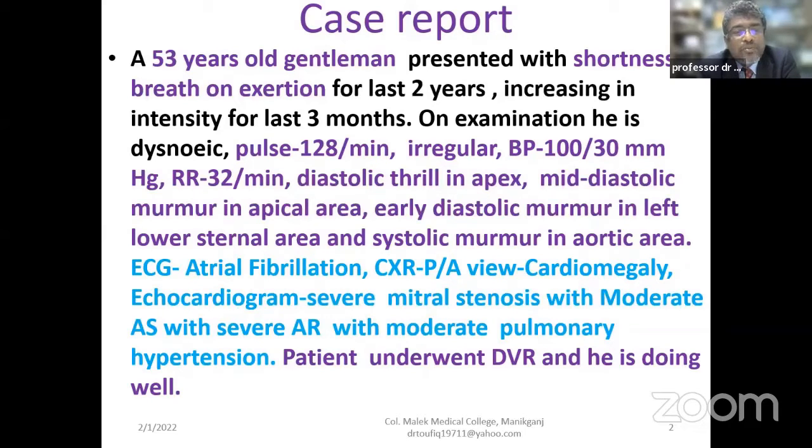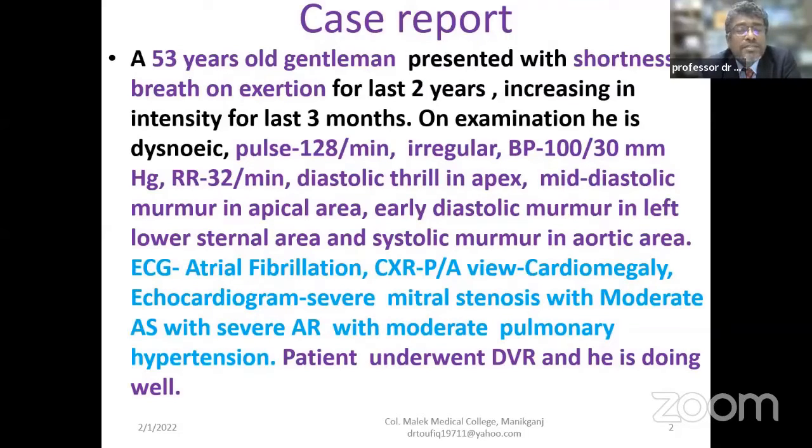There are a lot of murmurs found in the precordium. Number one, there is a mid diastolic murmur in the apical area, which may indicate the patient has mitral stenosis. There is an early diastolic murmur in the left lower sternal area, and we all know that an early diastolic murmur is a feature of aortic regurgitation. There is a systolic murmur in the aortic area, which indicates the patient may have aortic stenosis also.